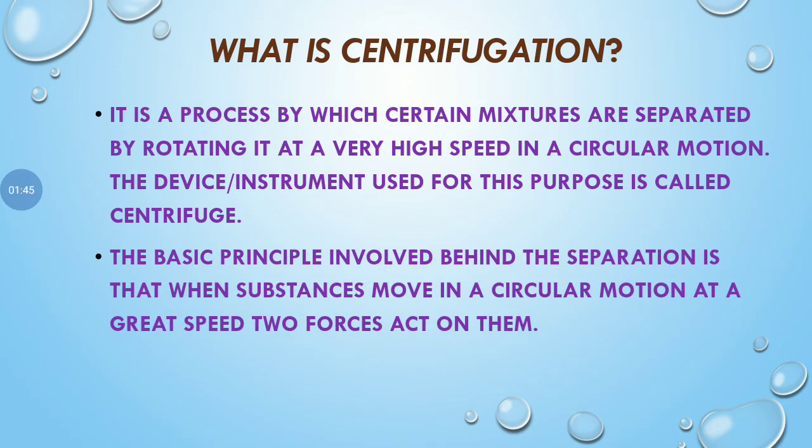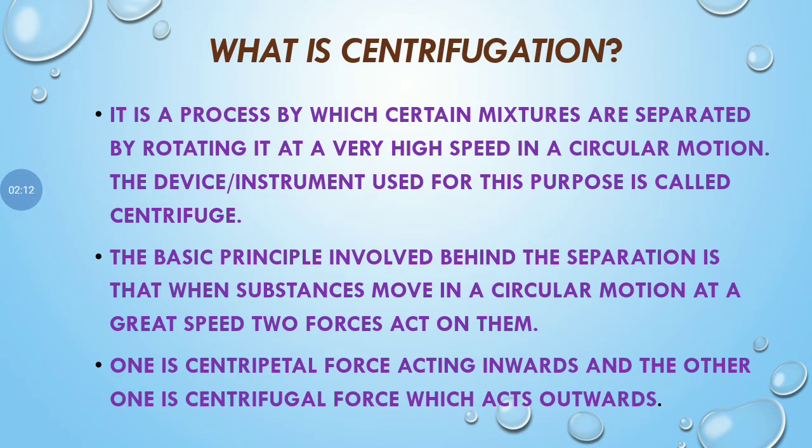Now what is happening when the mixture is rotated at a high speed in circular motion? The basic principle behind the separation of components of a mixture is that when substances move in a circular motion at a great speed, two forces act on them. And what are the two forces and how do they act? That also we need to discuss. The first force is called centripetal force.